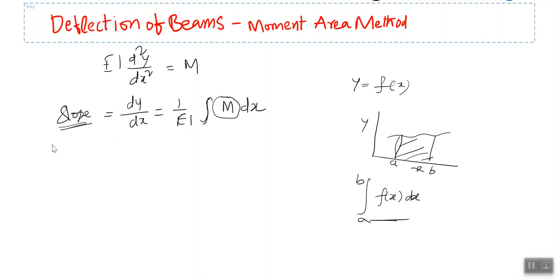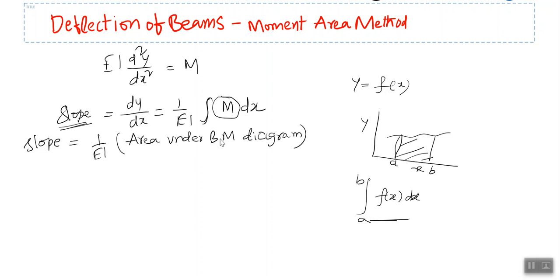So the slope is equal to 1 by EI times the area under the bending moment diagram.